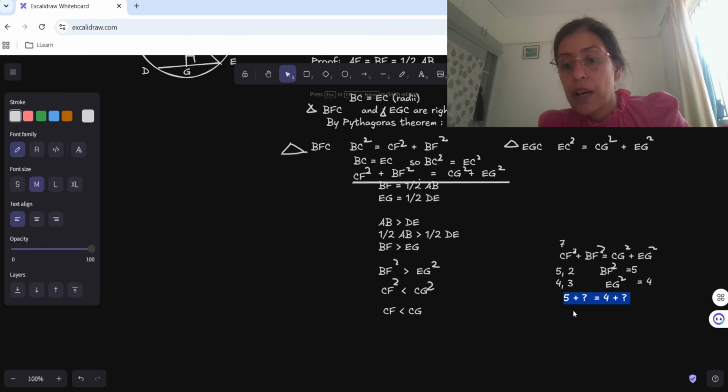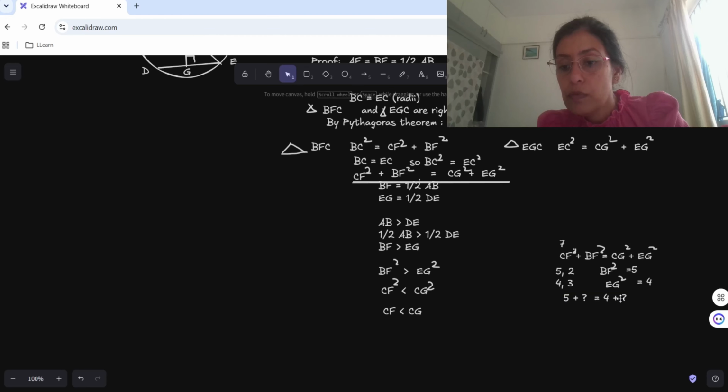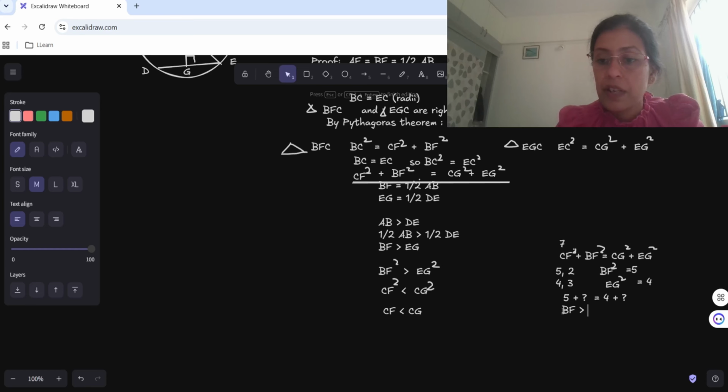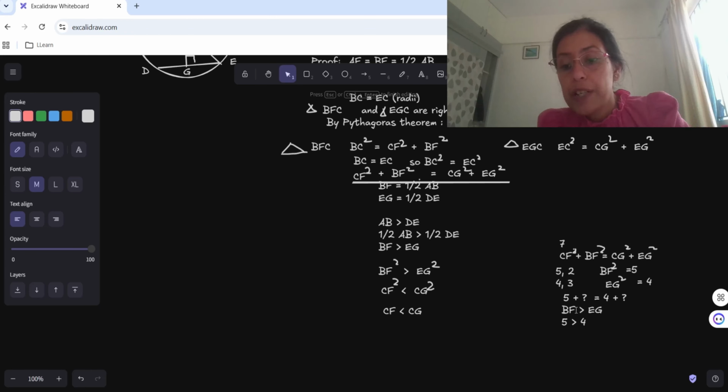Here, what I have done is, the first term, I'm saying here that BF is greater than EG. So I have taken 5 is greater than 4. Now I have to find the second number so that both the sides are balanced, both have the sum 7, right?